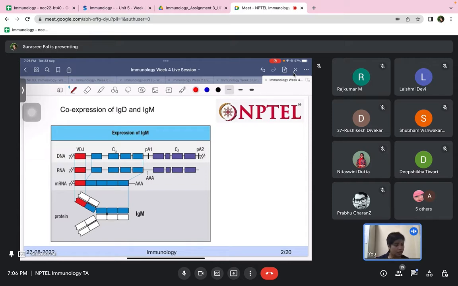Now you can see here that in this particular DNA segment, these are the exons which code for the C mu gene. C mu basically stands for the constant region of IgM.